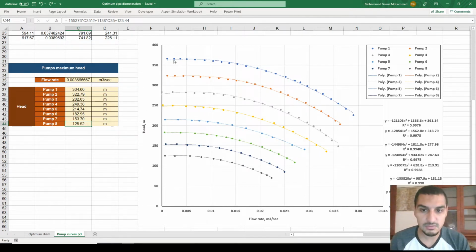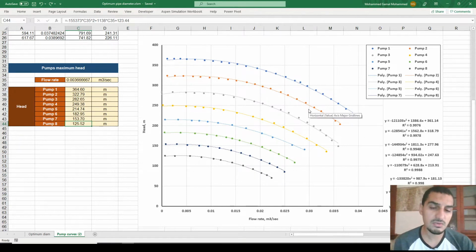Here it can go up to 350 or 360 meters, and here it goes down to 200 something. So it's almost one or two-thirds of the maximum head. This is expected because you are providing energy, and as the flow increases, the energy is distributed over a larger amount of liquid, and that's why it gets lower pressure.